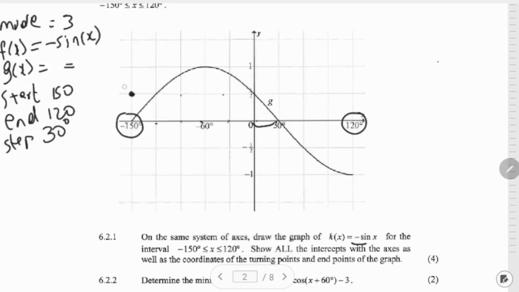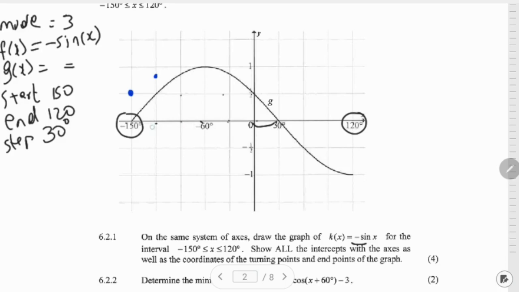Okay, we are going to have a point over here. And then when x is equal to minus 120, then our y is going to be about 0.8. So we're going to have a point here just below 1.